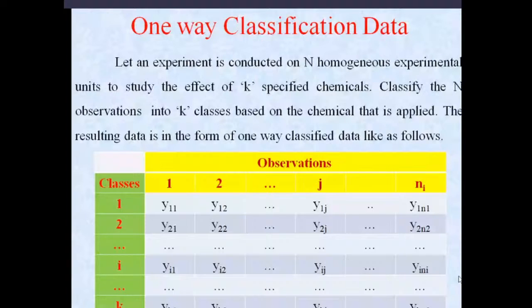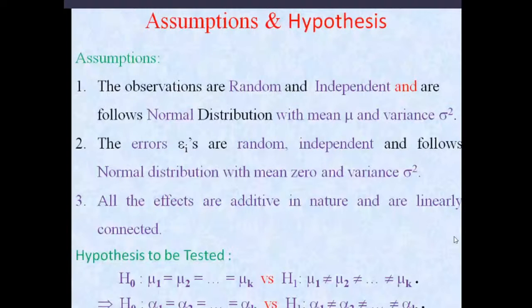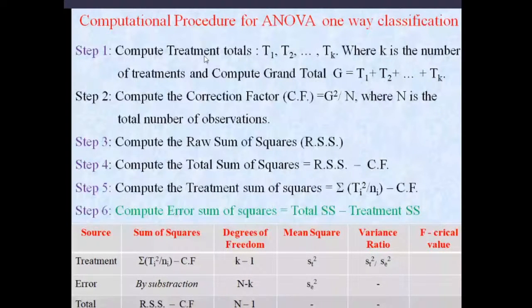Then compute the grand total, the sum of the totals. So first I calculate the totals of each class, then the total of the totals, which is called the grand total. Then I calculate the correction factor. The correction factor is generally calculated as the grand total square divided by the total number of observations, where capital N is the total number of observations.